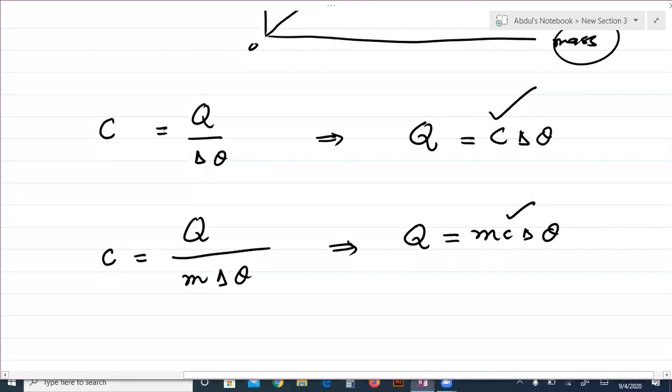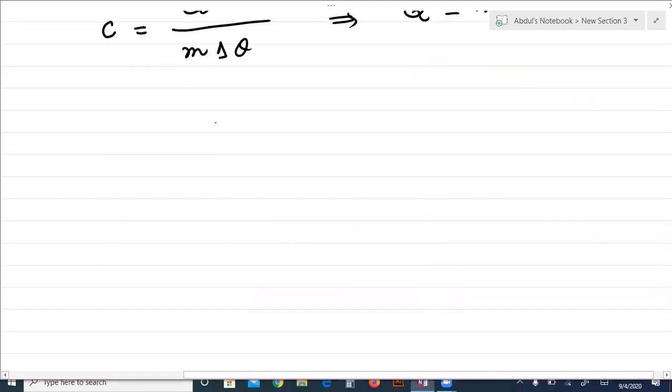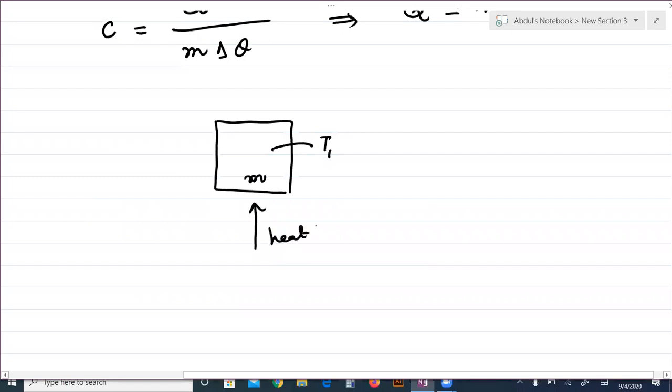Now the problem is, if this is the substance, its mass is m, its initial temperature suppose T1, and heat is supplied.